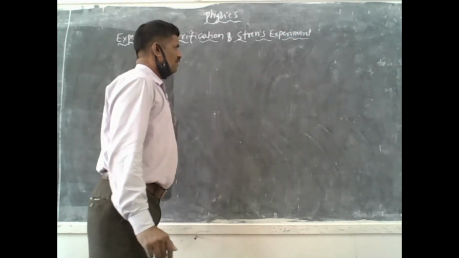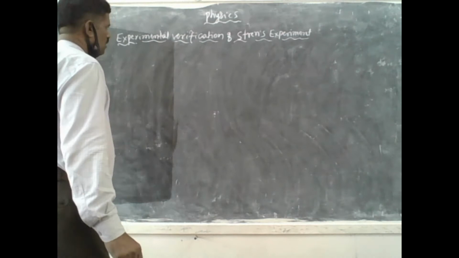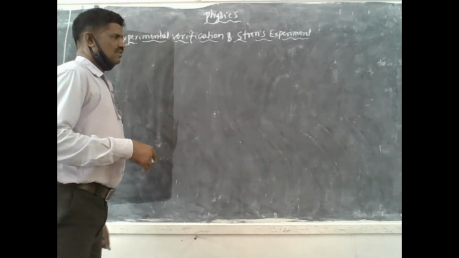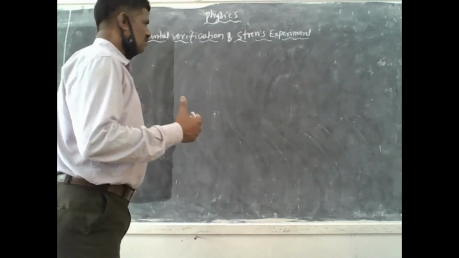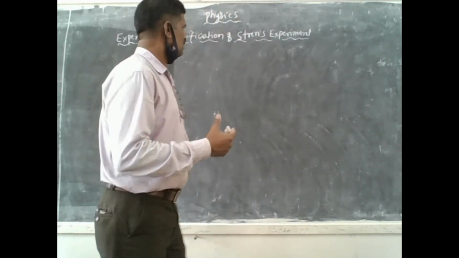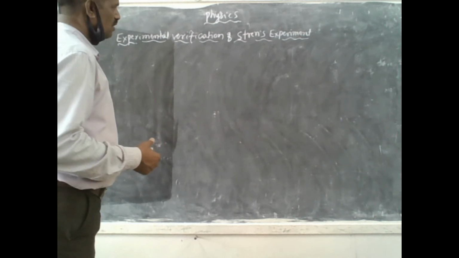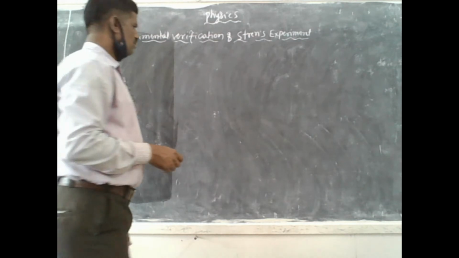So today we are going to discuss the distribution curve obtained based on the equation we had derived in the previous class. That is what we are going to examine here, isn't it?